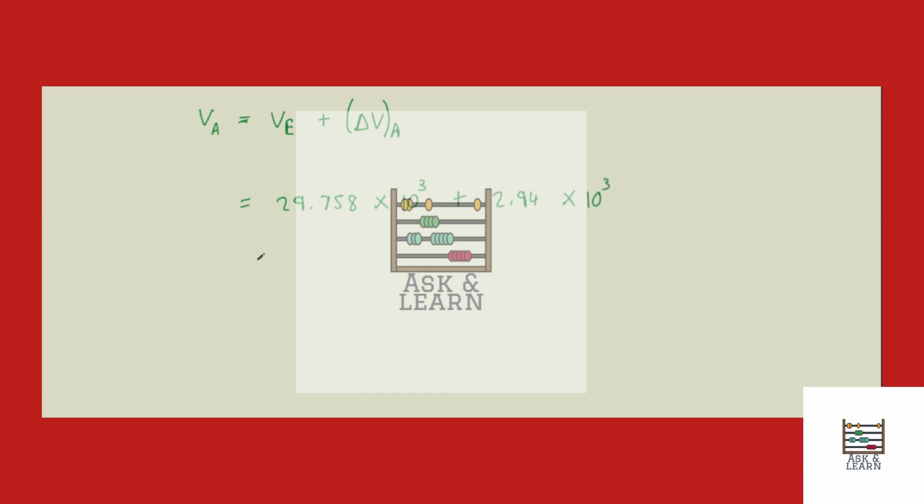Both are in the same units, SI units. So we get the speed of the orbit at point A to be 32.698 times 10 to the power 3 meters per second.